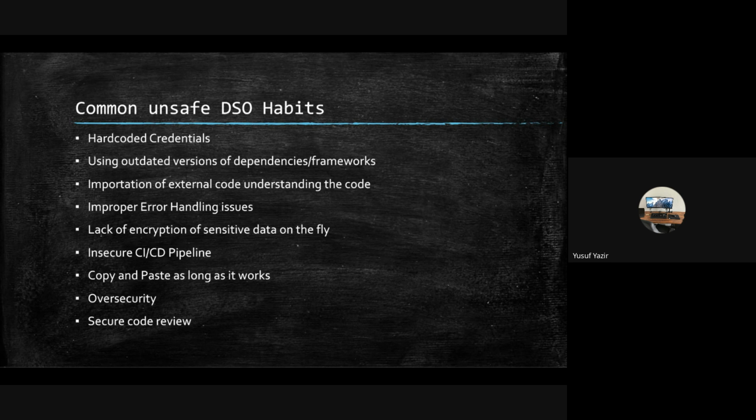So when we talk about encryption on the fly, we all agree that we have to store our credit card and our password encrypted in the database. But we also have to make sure that immediately the user enters their credit card, it is encrypted, and not only at the database level.